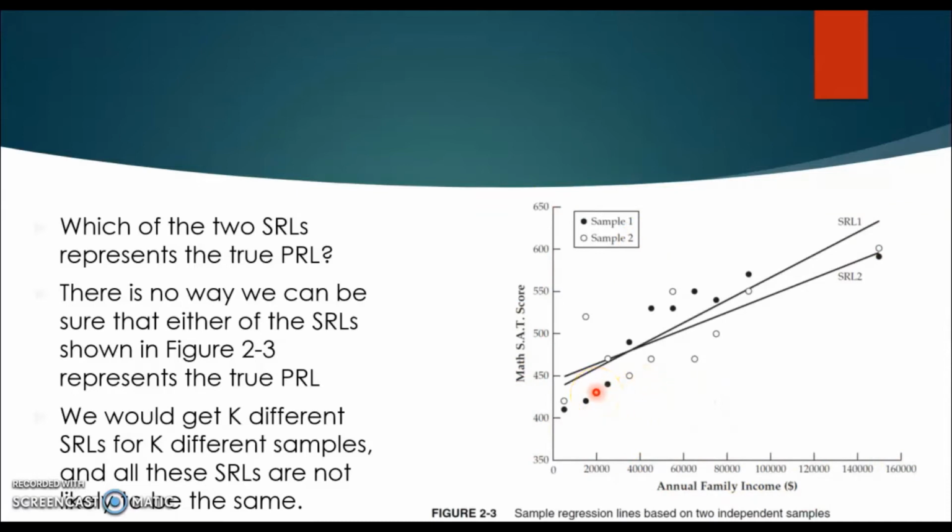To make it more complicated, if we have 10 different samples, then we will have 10 different regression lines, and all of these sample regression lines are not likely to be the same. They will likely be different from one to another.